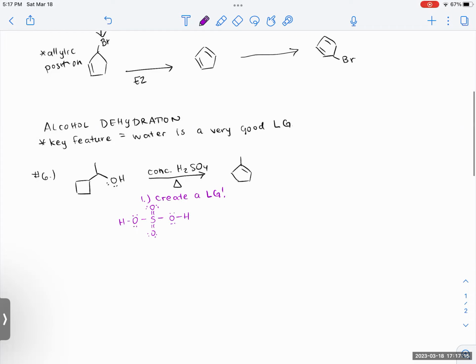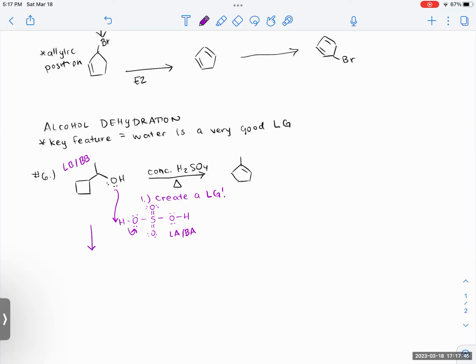The oxygen in the alcohol group is going to snag this hydrogen here, and these electrons are going to move back on here. We need to label our Bronsted base, Lewis base, Bronsted acid, Lewis acid. I said before that this is the acid, so that must make this the base.